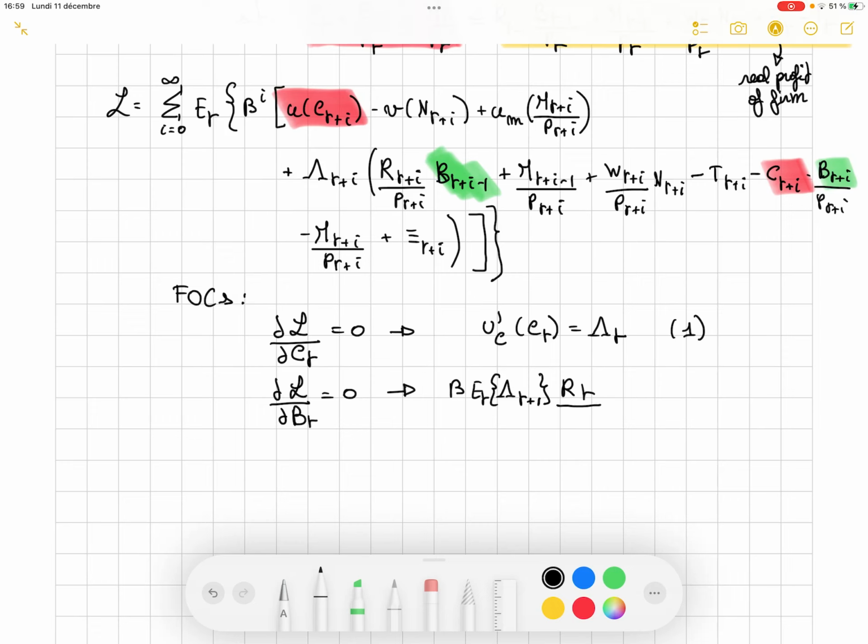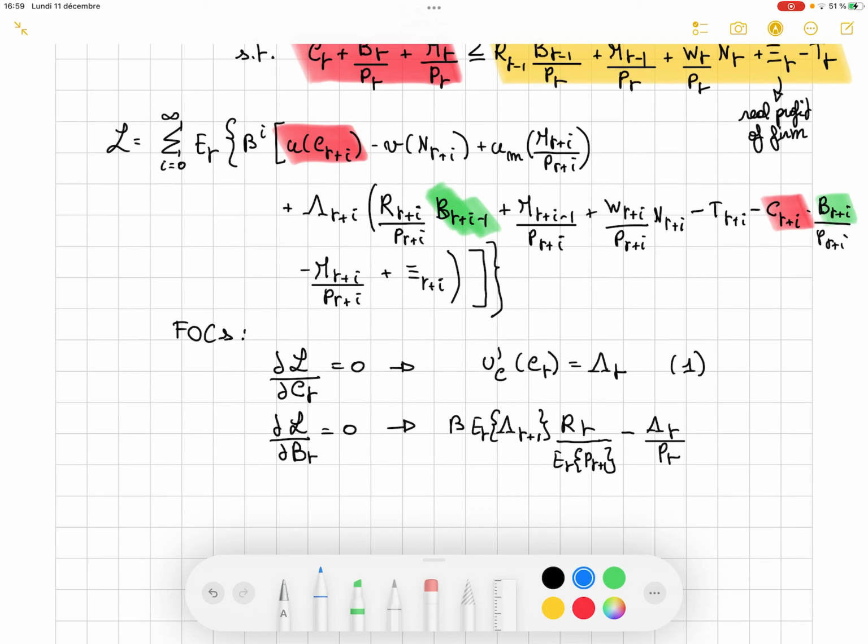Multiplied by the real gross rate divided by the expectation of the price at the next period. Minus beta exponent 0, so that cancels out, of the Lagrangian parameter at time t divided by the price.